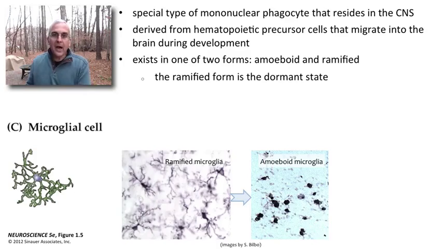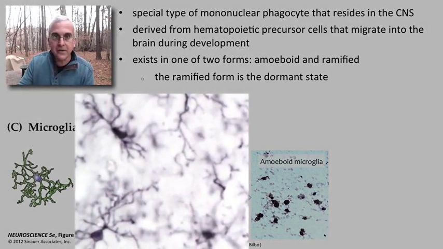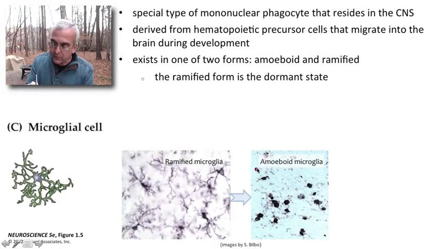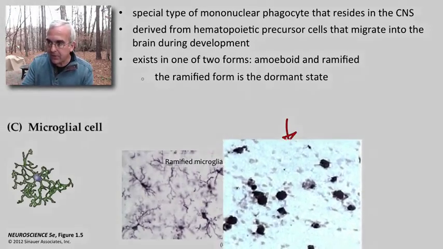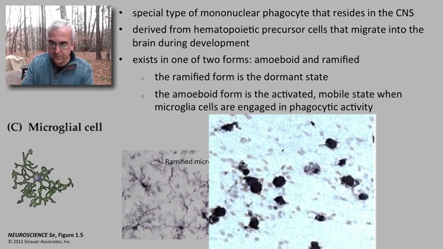They are lying in wait, and in the event of injury or inflammation, then these cells will retract their processes and convert to what's called an amoeboid state, which is what we see over here in the right-hand figure. So these are all activated microglial cells that are now on the move.